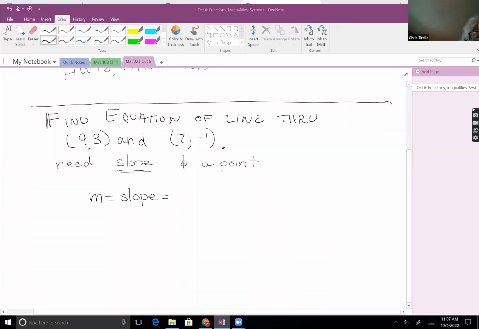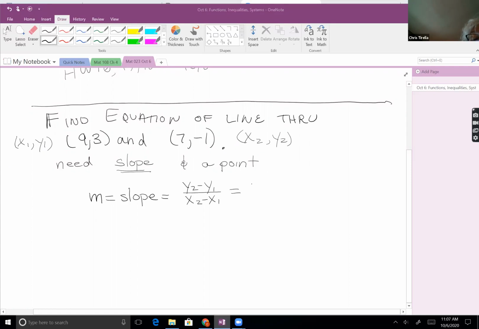So if you wanted to, you could plot those points and count blocks. Before that rise over run, does everybody remember we took the difference in the y values over the difference in the x values? We have 2 points. One point we'll call x1, y1. The other point we'll call x2, y2. Does everybody remember the little subscripts? Just tell me, this is my first point and this is my second point.